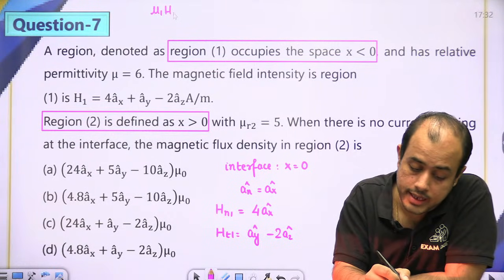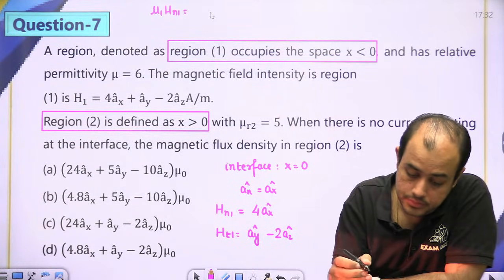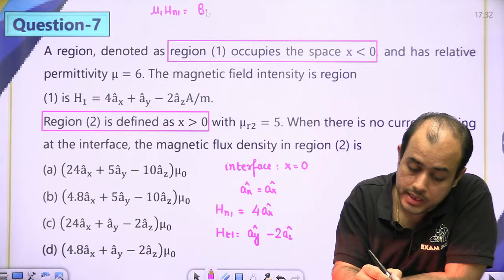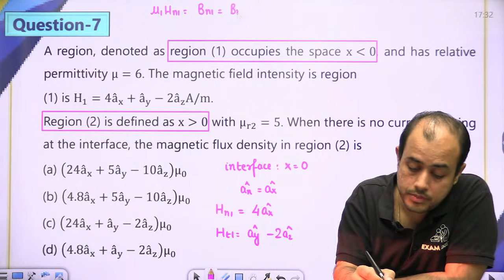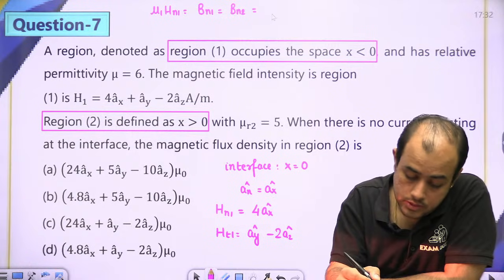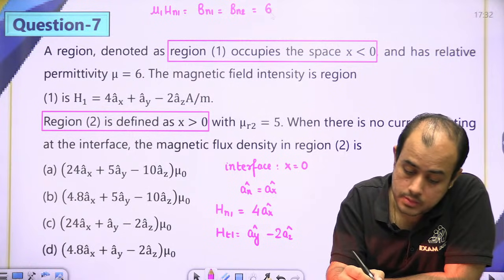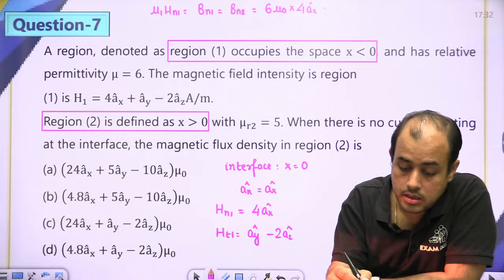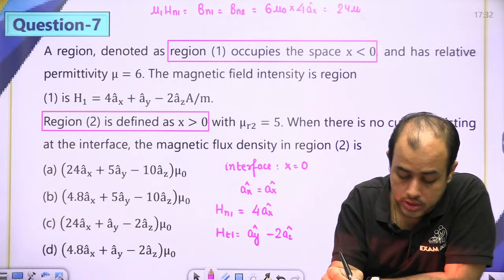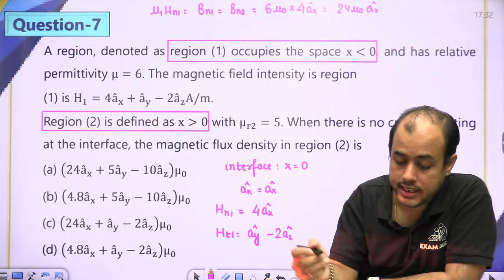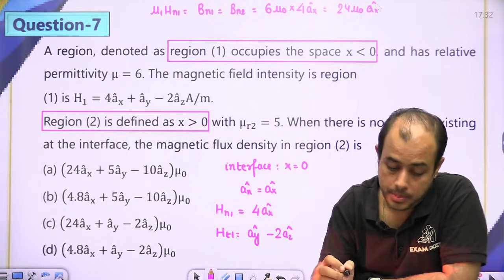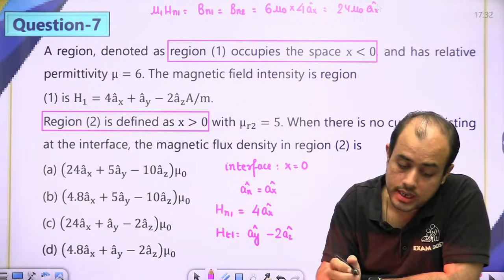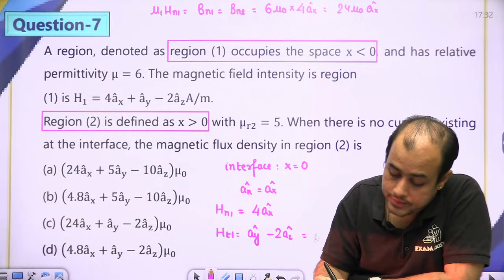Now mu1 Hn1 is equal to Bn1, which is equal to Bn2. So what is mu1? 6 mu naught. 24 mu naught ax, because it is asking B. Okay. Then there is no current at the interface.